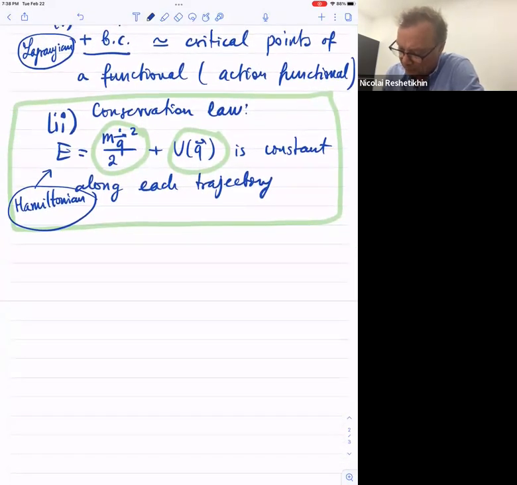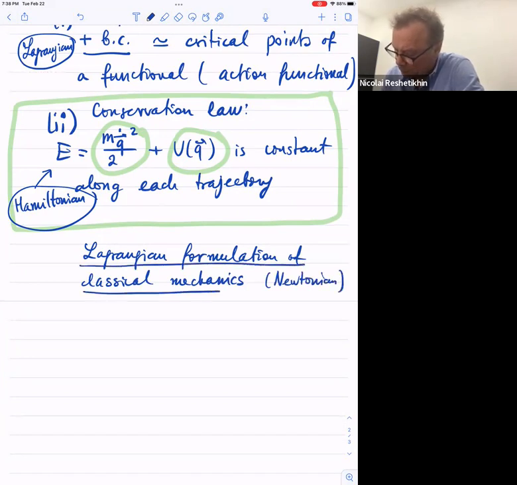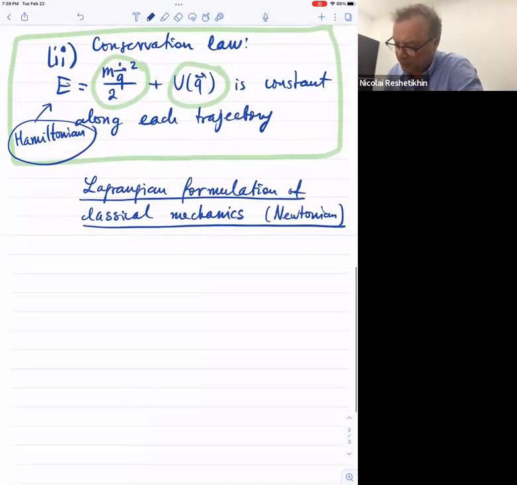Okay, so what is the Lagrangian approach? The Lagrangian formulation of classical mechanics. So far, I will restrict myself to the Newtonian case. And then we will see how to extend this to more general settings, and why to extend it to more general settings.